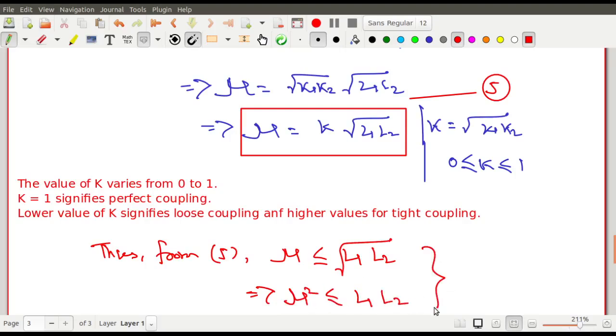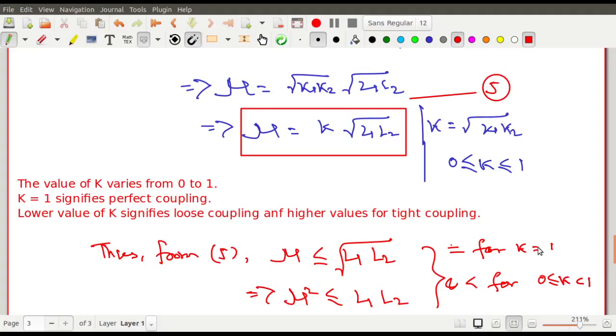You understand why less than or equal to? Because if the value of K is 1, then M is equal to root L1 L2, or M square is equal to L1 L2. When will this be equal? Equal for K equals to 1, and less than for 0 less than K less than 1, right?